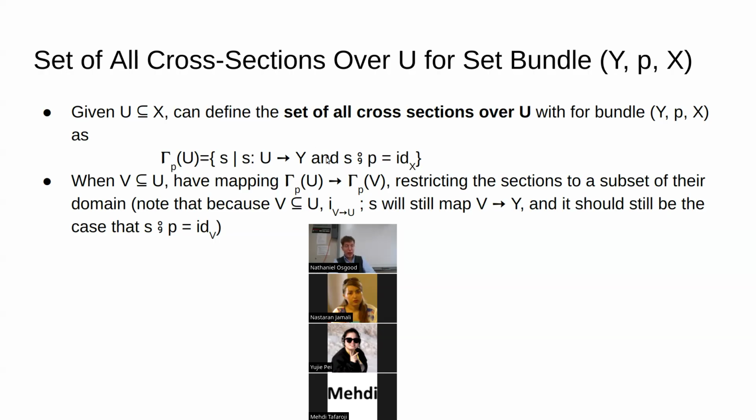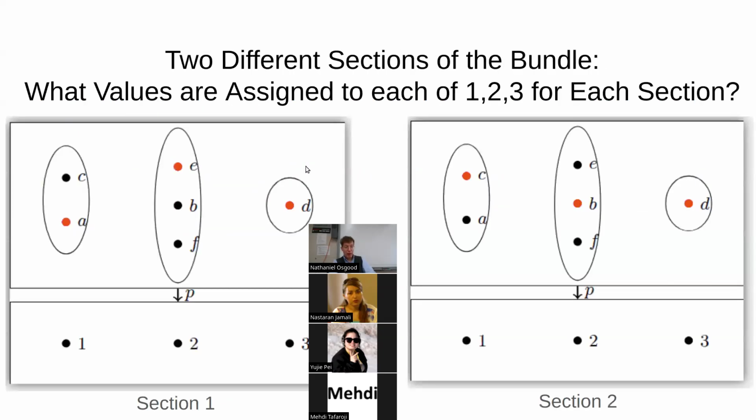So we just take this and we restrict it to a smaller subset, right? And that indeed works. Given a section over this, we can always narrow it down to be a section over any subarea, right? Does that make sense?